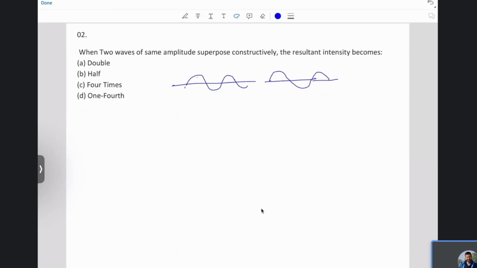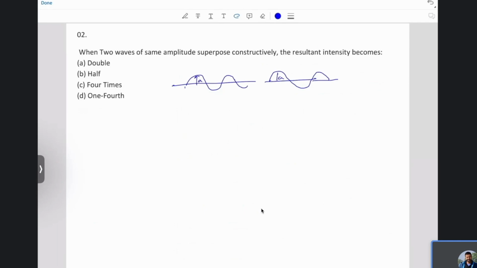They have the same amplitude here, and they are superimposing constructively. So that means the phase difference is either 0 or 2 pi.